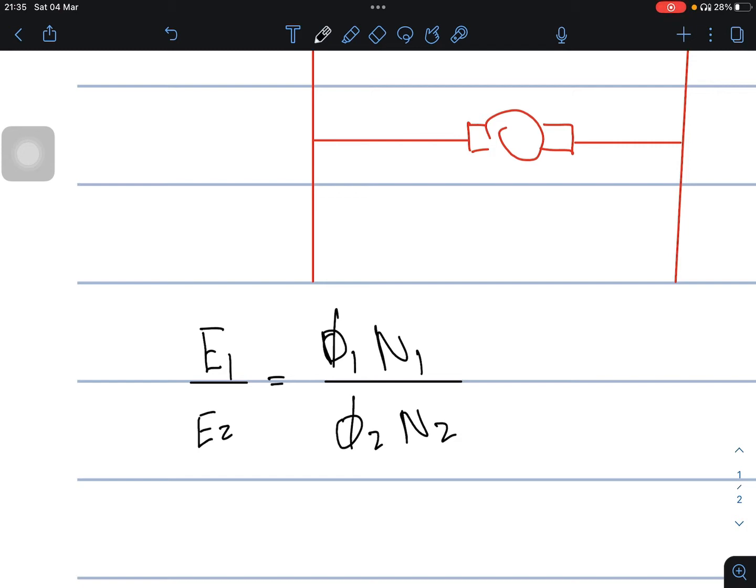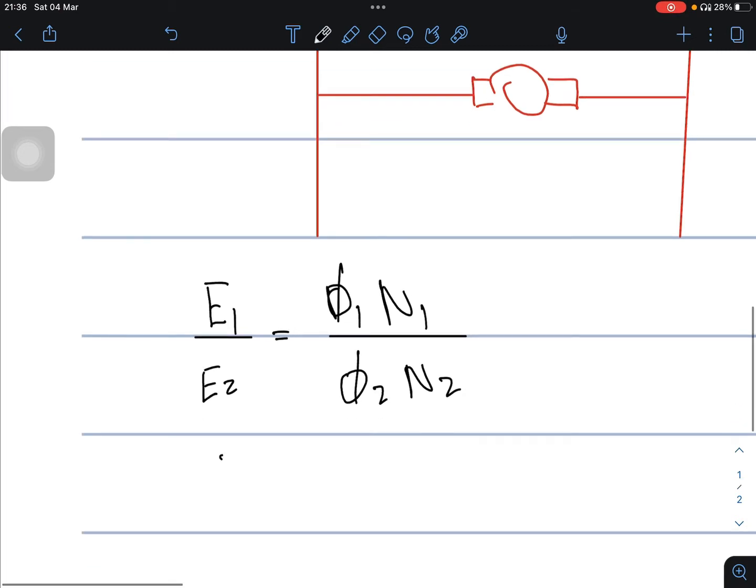The flux, they said the flux is decreased by 25%. Okay, so we cannot say that flux 1 is equal to flux 2, as we would say in most cases when it is a shunt motor.